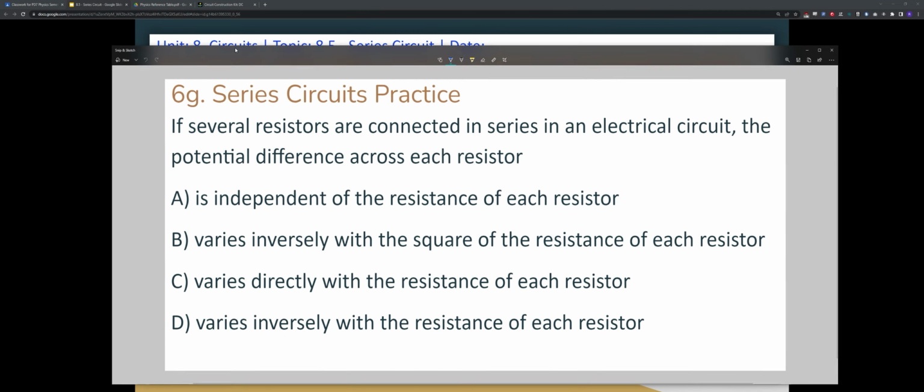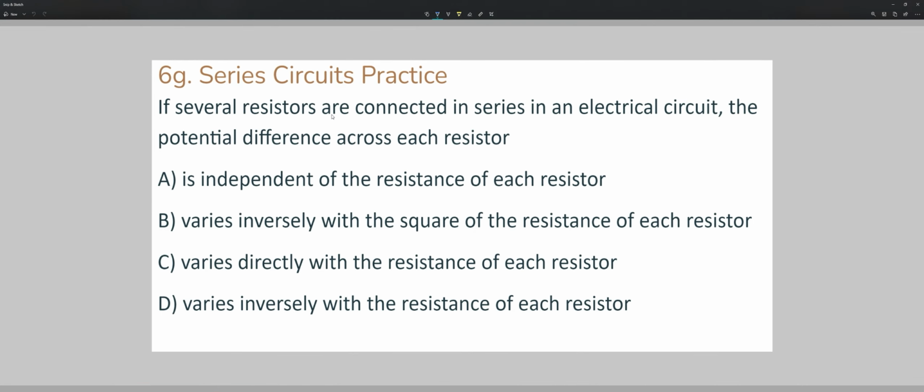If several resistors are connected in series in an electrical circuit, the potential difference across each resistor is what? So we know that my current is constant, right? It's the same throughout the circuit. So no matter what I do, I is going to remain constant. But if we're comparing R and V while I remains constant, what's the relationship here?